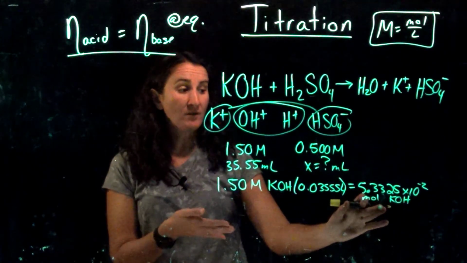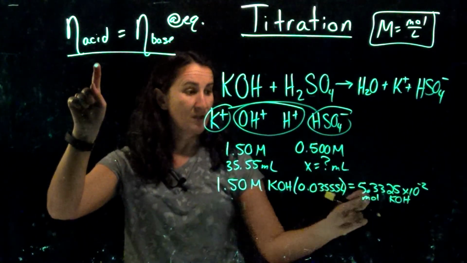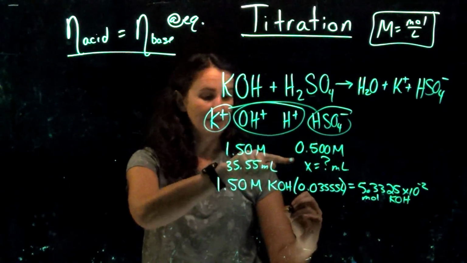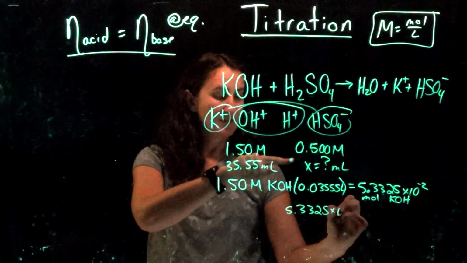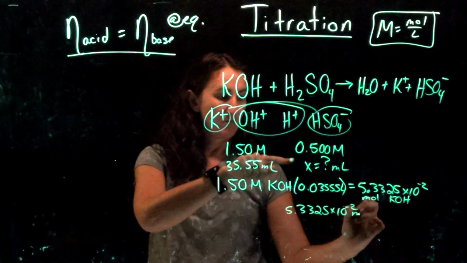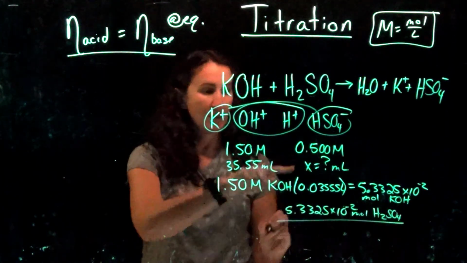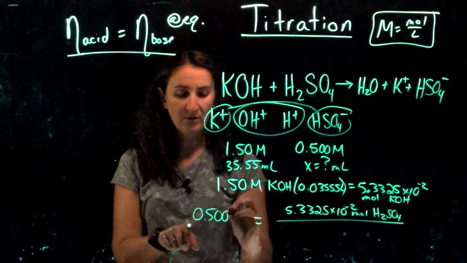Next, we know our moles of our acid equals moles of our base. Therefore, we also know our moles of our acid, which is sulfuric acid. So we've got 5.3325 times 10 to the negative 2 moles of H2SO4. We also know its molarity. So 0.0500 molar.